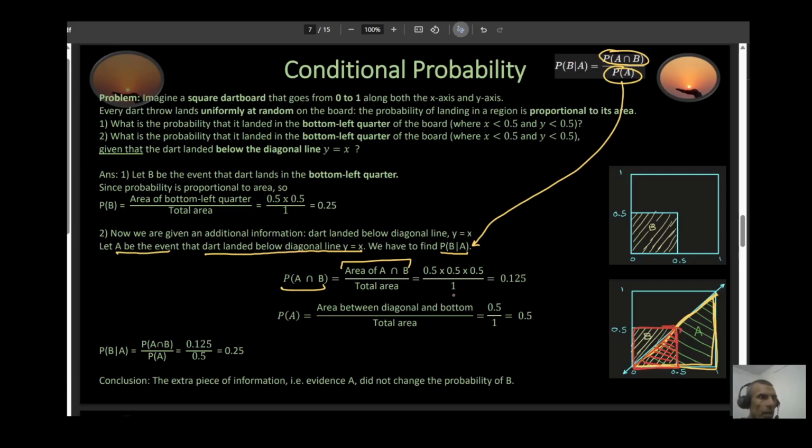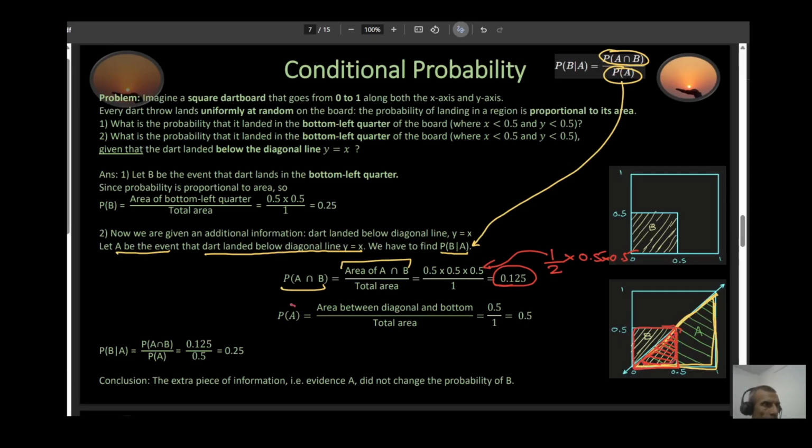So the area would be half times 0.5 times 0.5. Basically, I'm just using the formula half times base times height. In this case, my base is 0.5 and the height is 0.5. Solving it, the answer comes out to be 0.125. So this is the probability that your dart lands in this region right here, A intersection B.